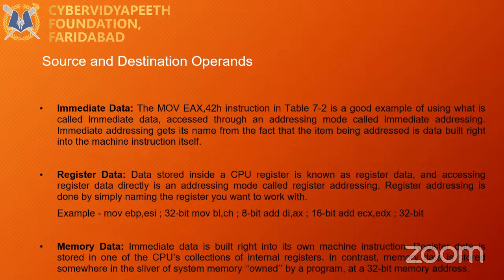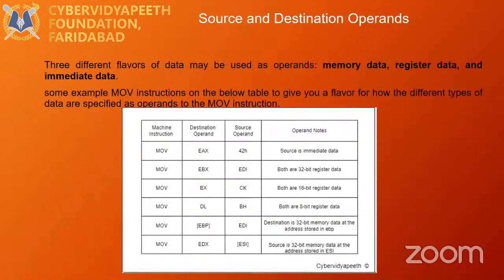So as I said, immediate data is basically raw data. You just put in the number. Register data is taking data from one register to the other. Memory data is basically copying data from one part of the memory to the other. Also, please note, we are not doing memory to memory copies here.